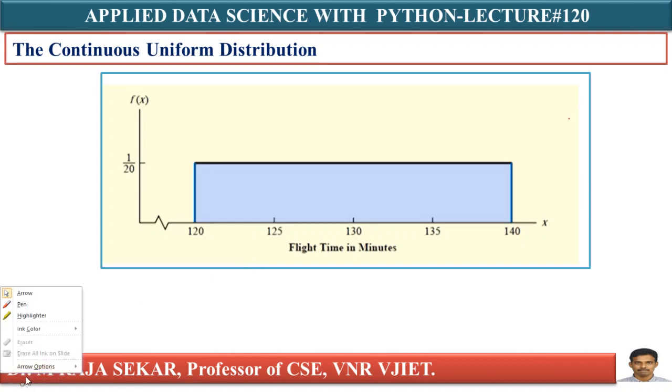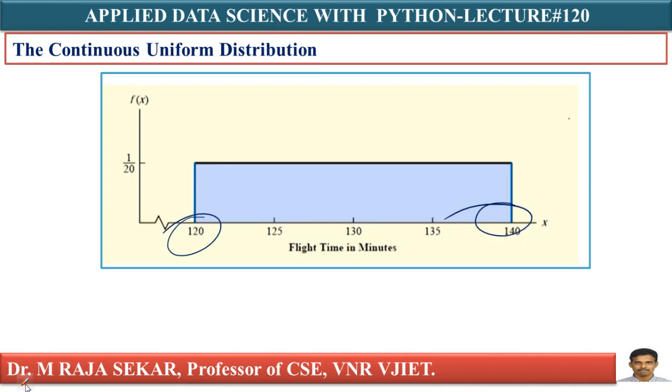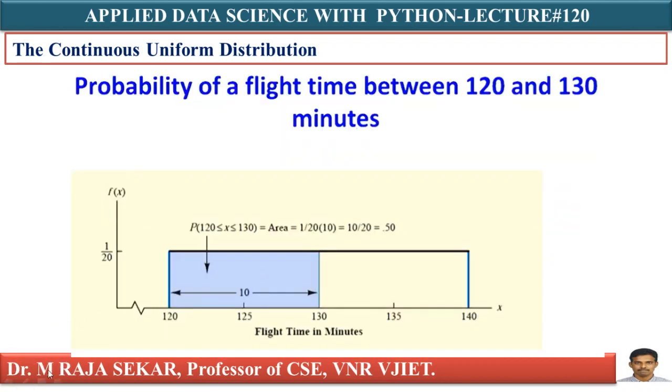What is our lower limit? Just read the problem carefully. Lower limit is 120. What is the upper limit? Upper limit is 140. But what do I need? I need the probability in between. According to the question, I need the probability between 120 and 130.